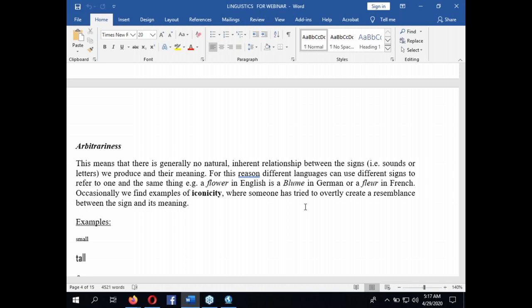For instance, we have flower in English, which is Blume in German, and it is known as fleur in French. All of this talks about one object, which is the flower. But as you can see, the various languages have used different words, and they sound different too.